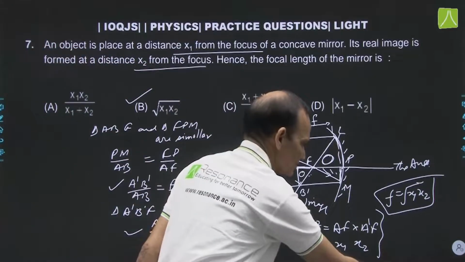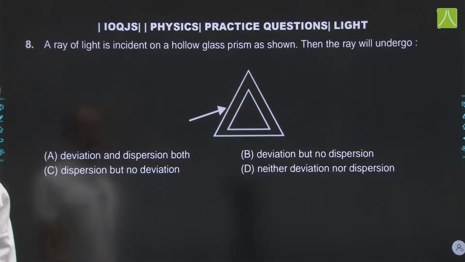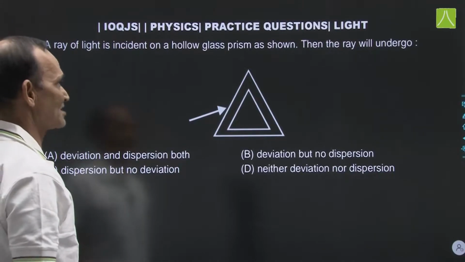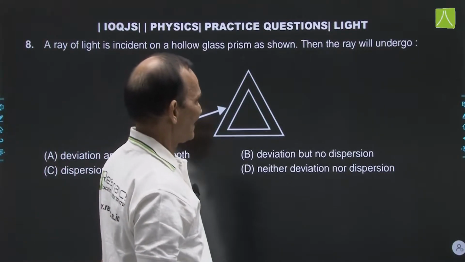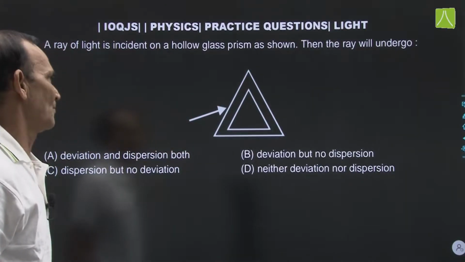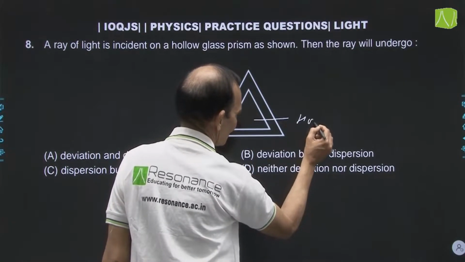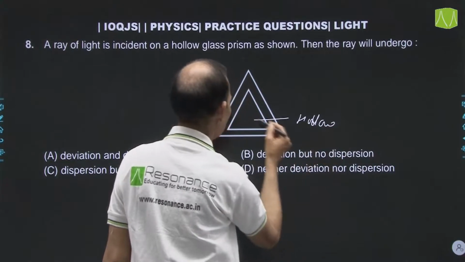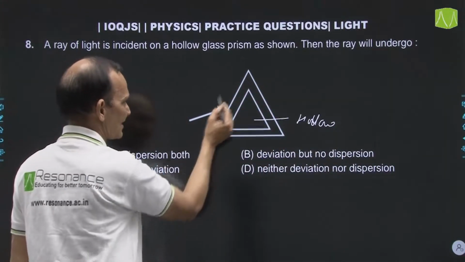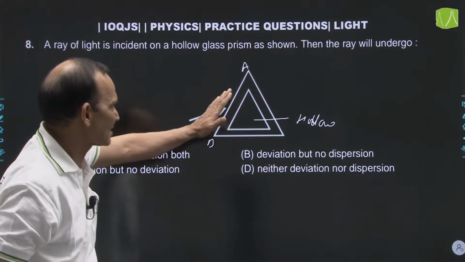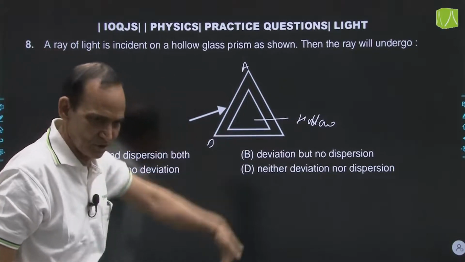Now next question. A ray of light incident on a hollow glass prism as shown in the figure, then the ray will undergo what? Now think about it, this part is hollow. Here is glass. The ray is incident at this surface AB, because it is moving from rarer to denser, it will bend toward the normal.